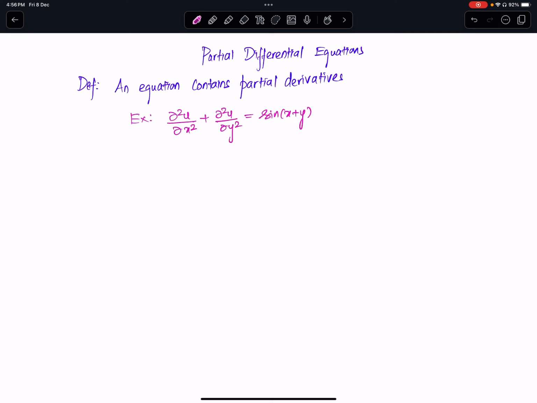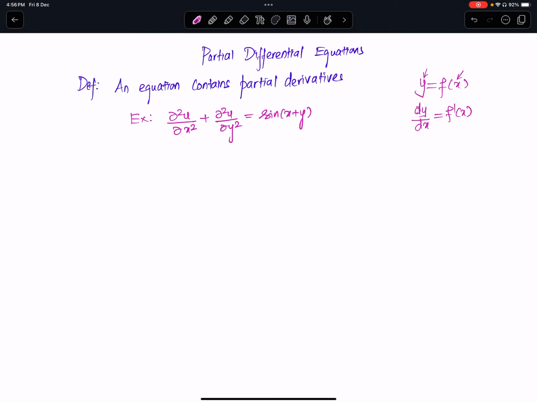If any function y depends on only one independent variable, then while differentiating this y, we write dy by dx is equal to f dash of x.